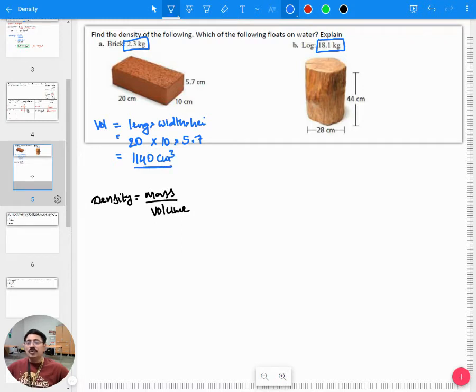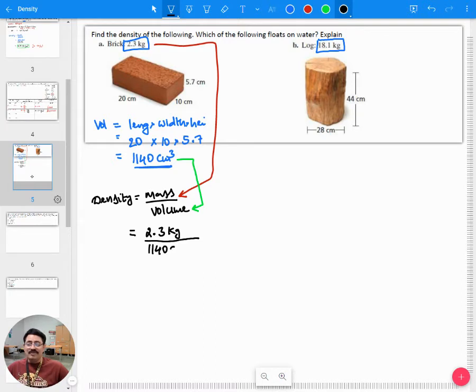Well, so I know the mass, so this can be plugged in here in the numerator, and I know the volume, therefore volume can be plugged in here, right? Then mass is 2.3 kilograms, and the volume is here.